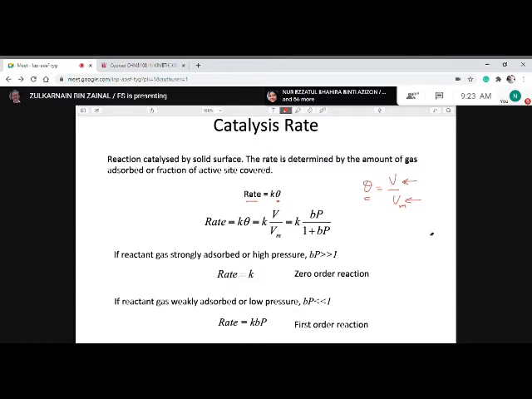And the rate of reaction will depend on the amount of surface coverage. So the rate is proportional to the surface coverage. So then just give K so that you can relate rate to the surface coverage.